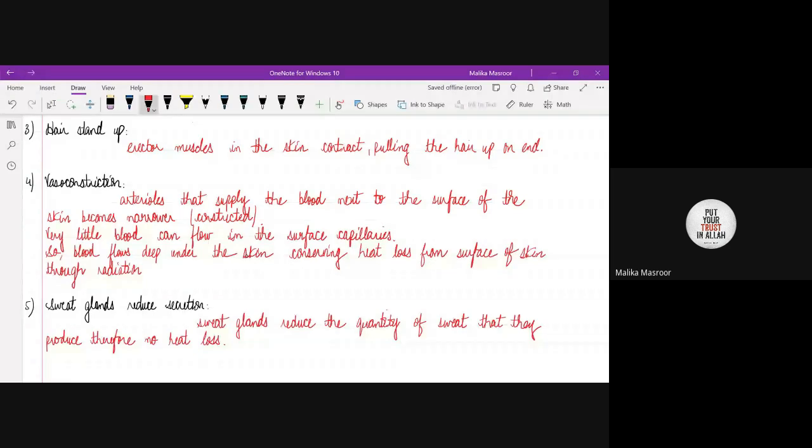Over here we had vasodilation, over here we have vasoconstriction. Sweat glands reduce the quantity of sweat they produce, therefore no heat loss will occur. On the other hand, when temperatures rise, there will be a lot of heat loss because sweat glands increase the production of sweat.